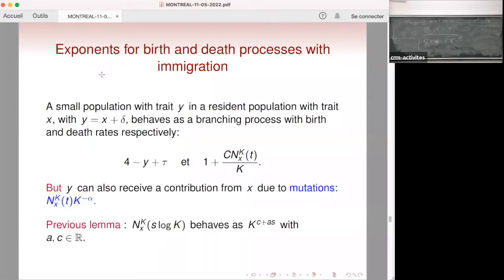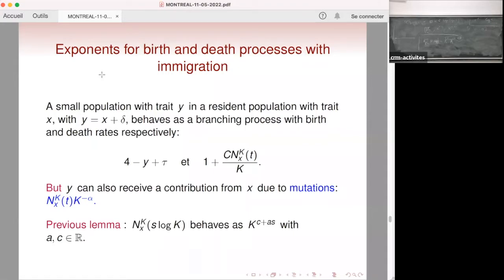But as we did to compute the initial condition, you have the transfer, but you will also obtain a contribution by mutation. So it's an immigration from the resident population with trait x.